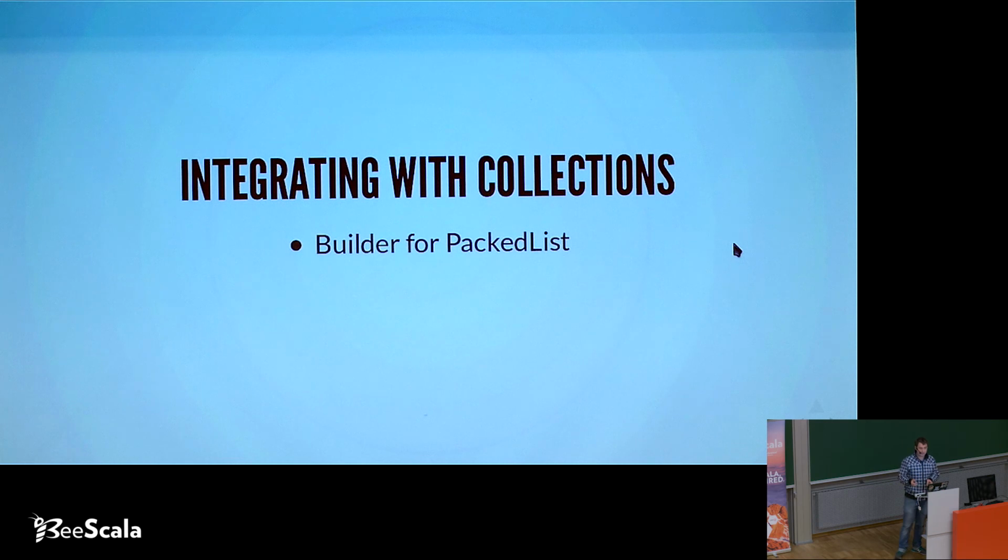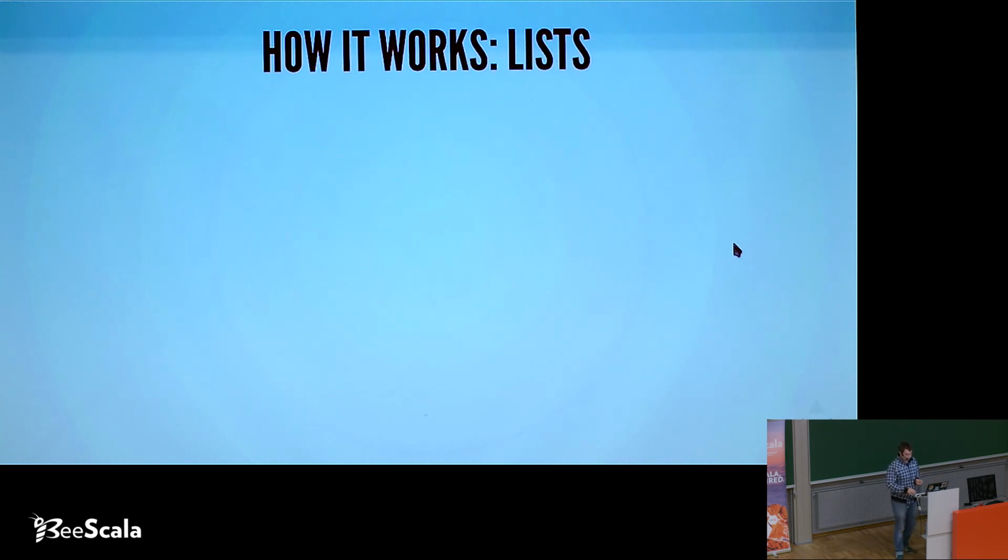But to integrate with Scala collections, you need to write a builder for the packed list, packed map, and packed anything, and the implicit type class to plug your collection implementations into the Scala collection hierarchy. So that's all, and it's covered with a bit of pain, but it works quite well for us.